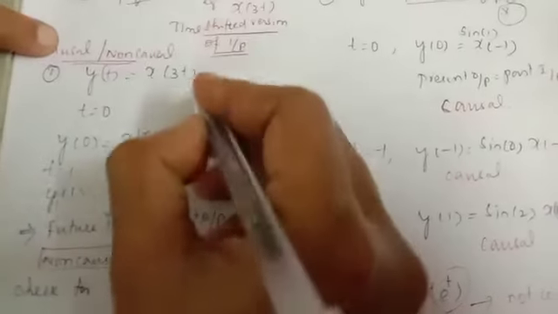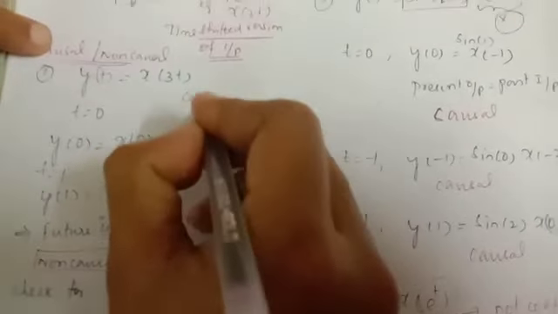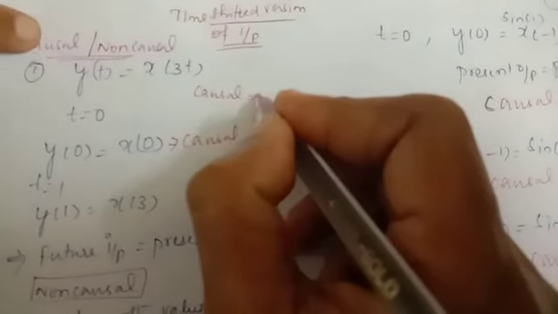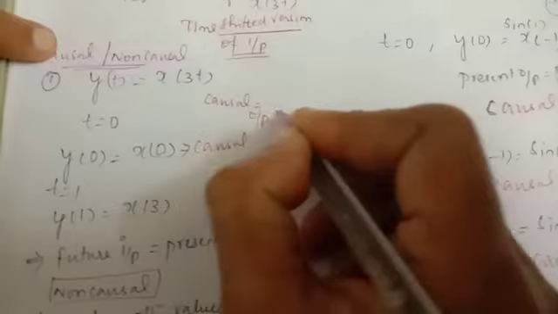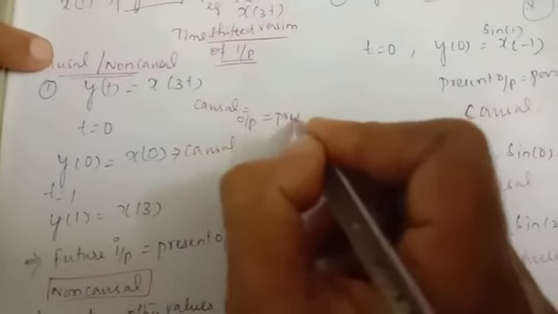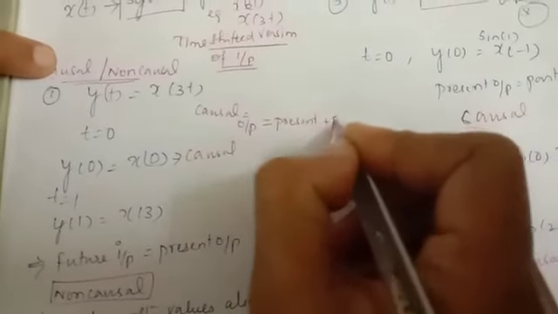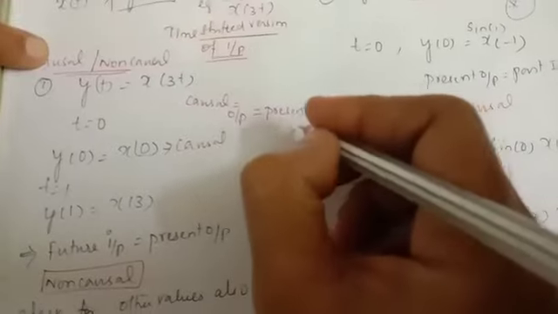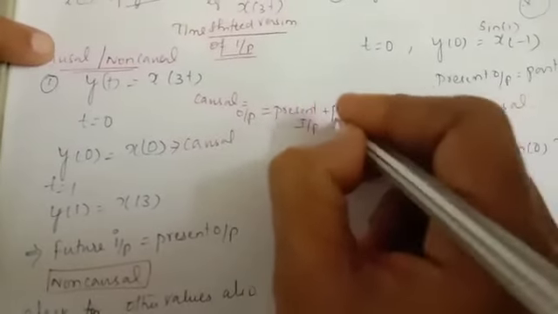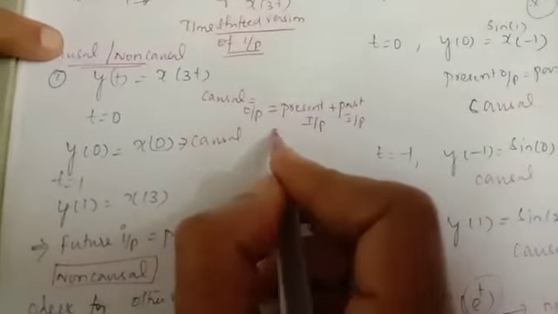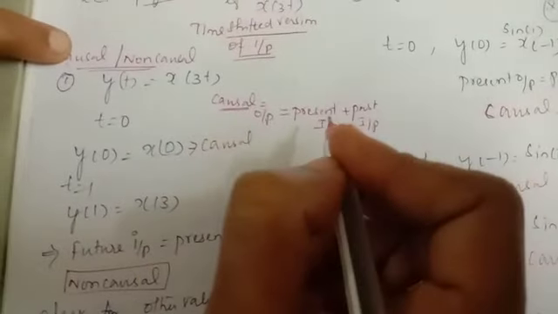Before that, we know that the causal system is a very important point. A causal system is one whose output depends only on the present and past values of input. If the output depends on present input and past values of input, then we call the system causal.